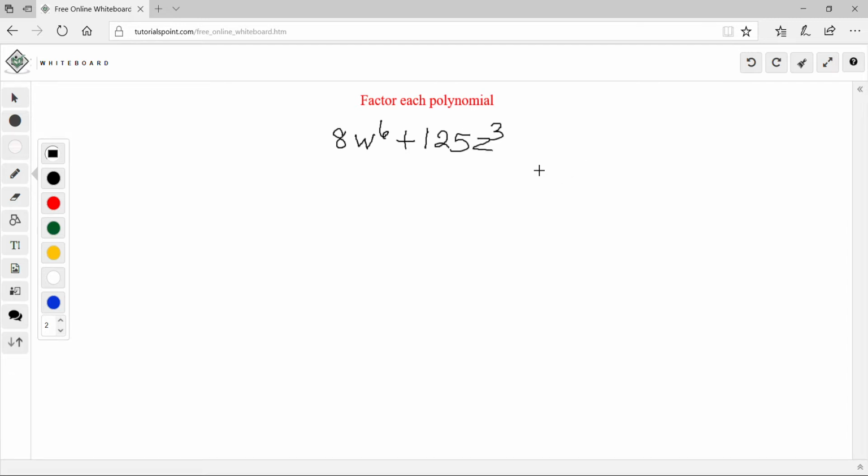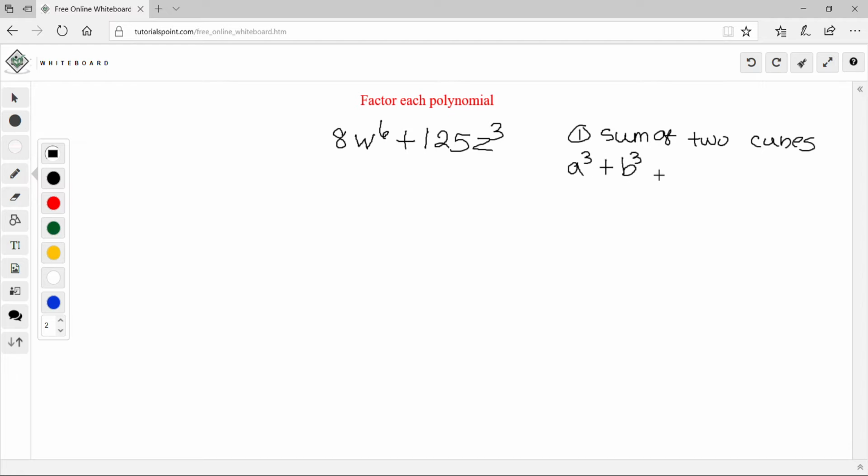So what I'm going to use is the sum of two cubes. So the sum of two cubes is basically a cubed plus b cubed.